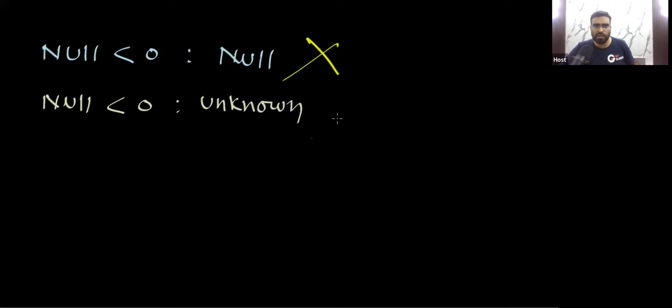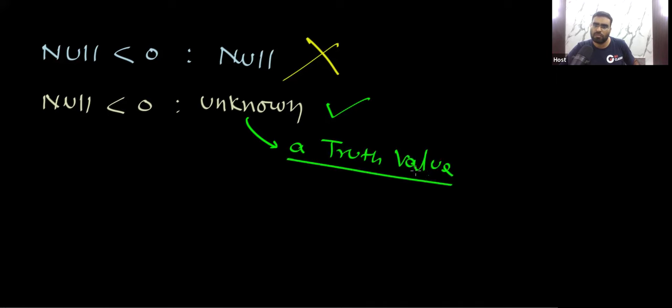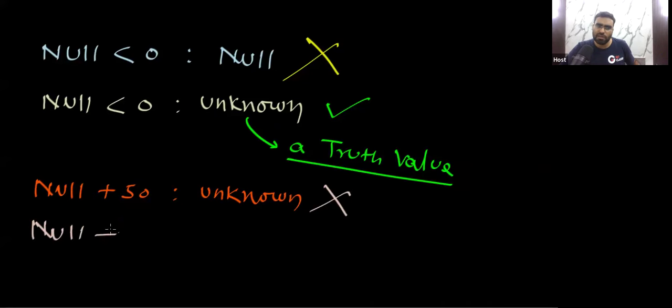Similarly, if I do arithmetic with null, for example null plus 50, some students casually say that this is unknown. But this is wrong. Null plus 50 is actually null.